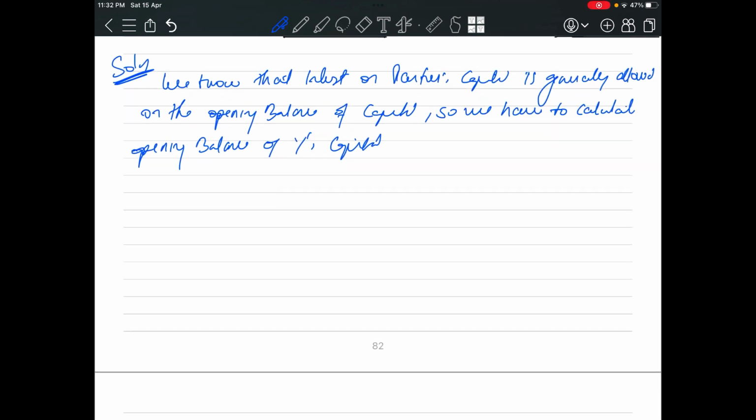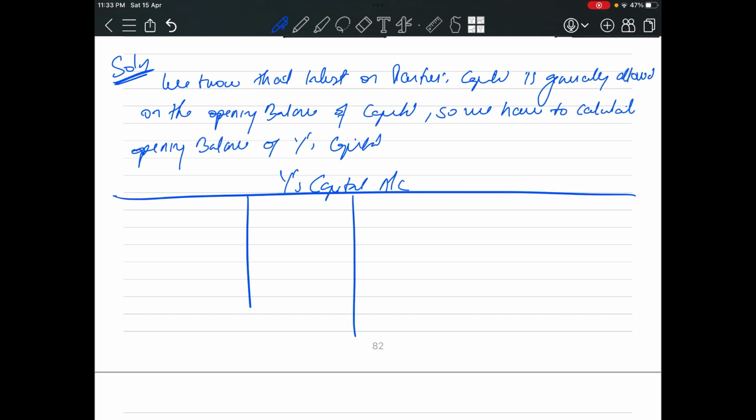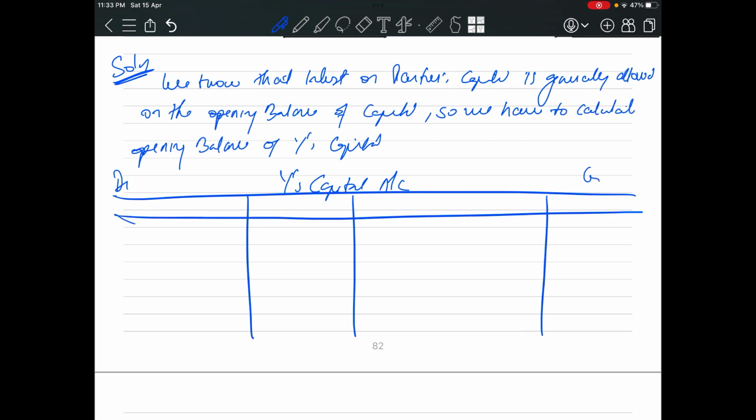For this we will prepare the partners' capital account, Y's capital account, with a debit side and a credit side: particulars and amount.